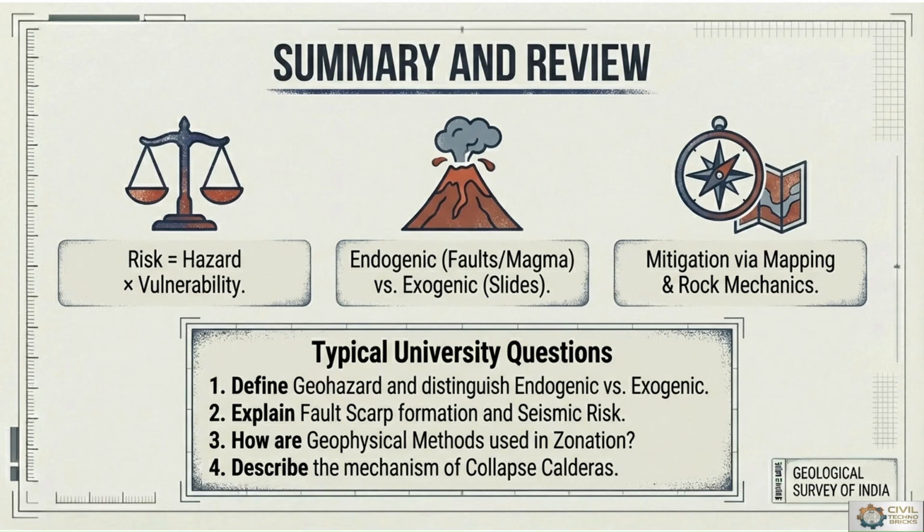The risk equation itself shows the role of vulnerability in disaster formation. Here we mention the significance of geophysical methods in hazard zonation and site investigation, which explain the understanding of faults, earthquakes, volcanism, and landslides, essential for engineers for better infrastructural development.